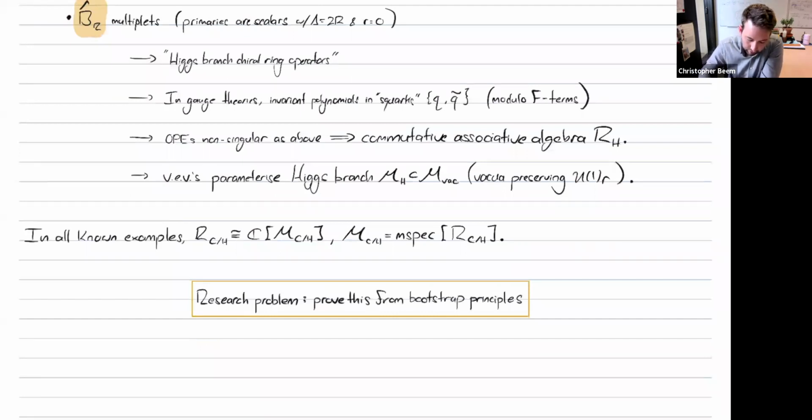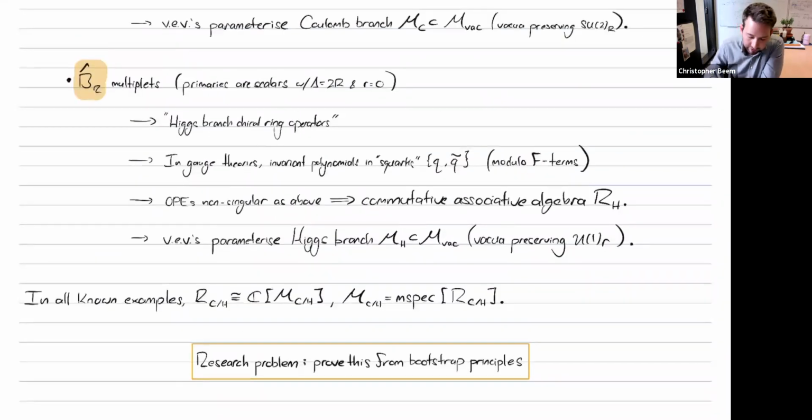And again, these are sort of complementary to the Coulomb branch chiral ring operators, where instead of carrying U1R charge, they carry SU2R charge, and their dimension is determined by that R charge. And again, selection rules imply that the OPEs of these B hat multiplets are non-singular, and so you can stack them on top of each other and define a commutative associative algebra.